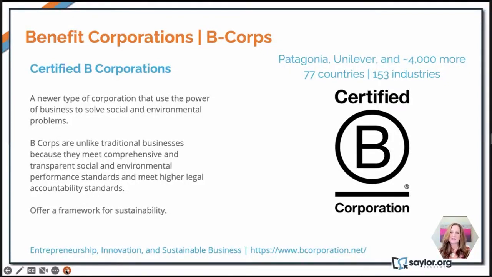B Corps are unlike traditional businesses because they meet comprehensive and transparent social and environmental performance standards and meet higher legal accountability standards. So you're investing in a company that is more vetted for these things.